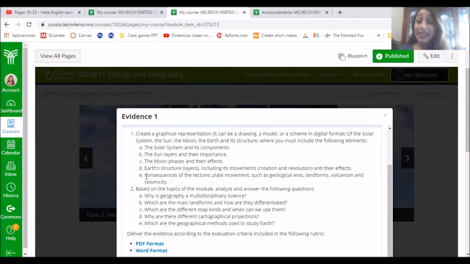And E, consequences of the tectonic plate movements, such as geological eras, landforms, volcanism, and seismicity, okay? So you're gonna define these concepts, all right, in a graphical way, with drawings, with pictures, okay?